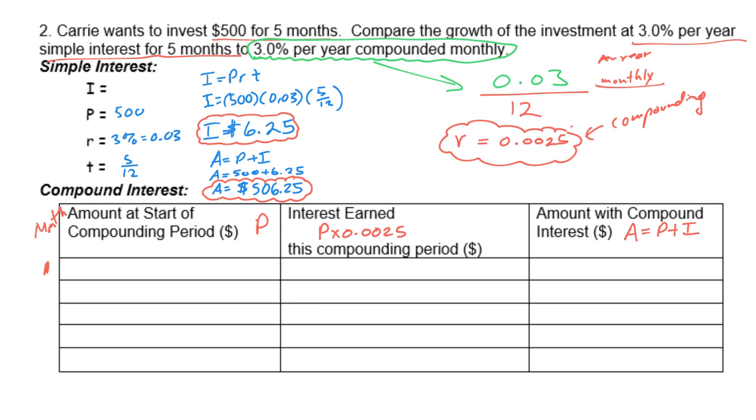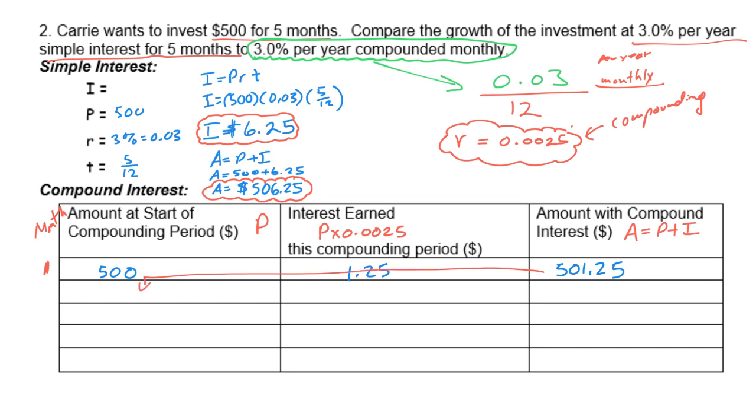You start with 500, and now you take that 500 and multiply it by 0.0025 and put in our interest, and that just happens to be $1.25. And then the total amount would be $501.25.